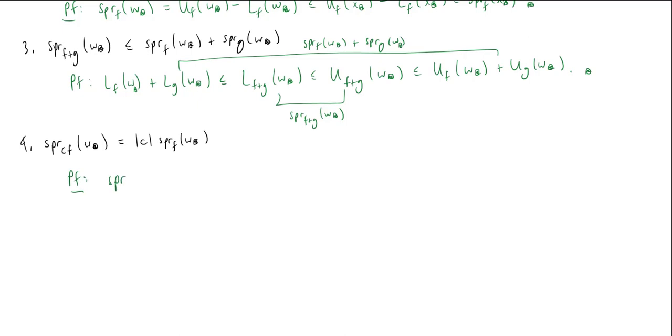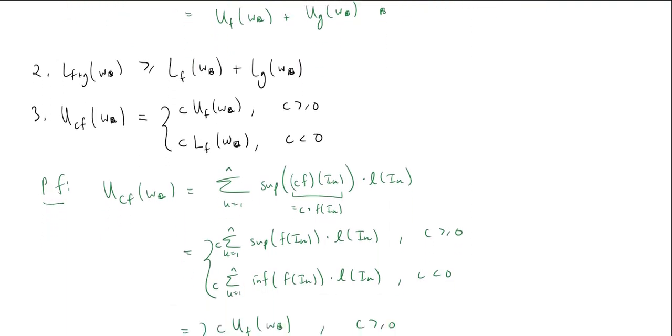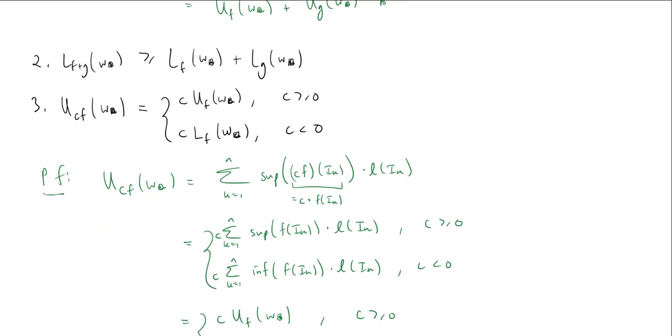So we know that the CF spread of W is the CF upper sum minus the CF lower sum. Now if C is greater than or equal to 0, then our properties for upper and lower sums tell us that you could just pull the constant out.